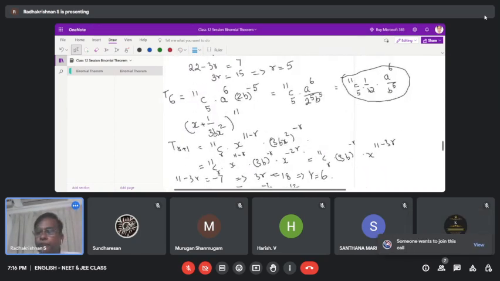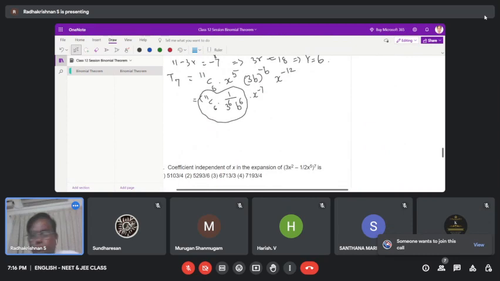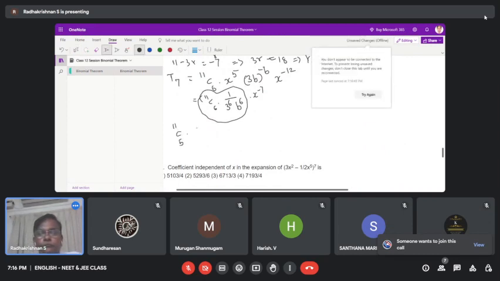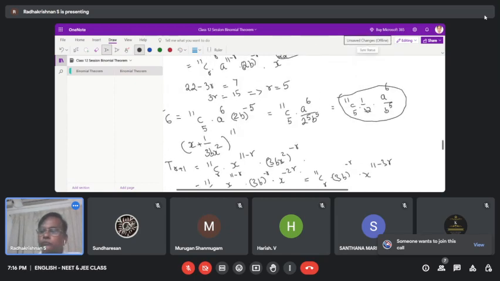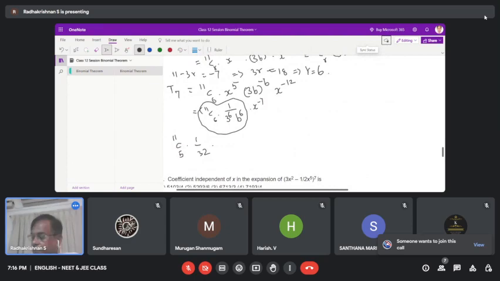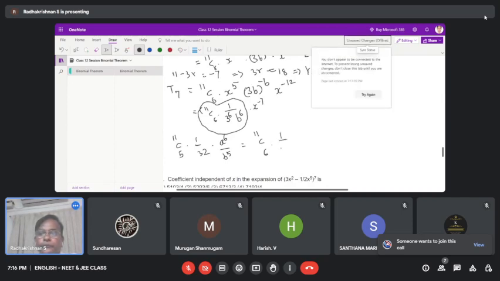11C5 into 1 by 32 a power 6 by b power 5, equal to 11C6 into 1 by 3 power 6 b power 6.